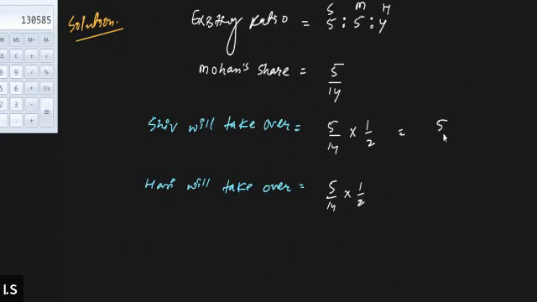So that means 5/28 and 5/28 as well. So this is the gaining ratio of Shiv and Hari. The gaining ratio of Shiv and Hari will be 1:1.